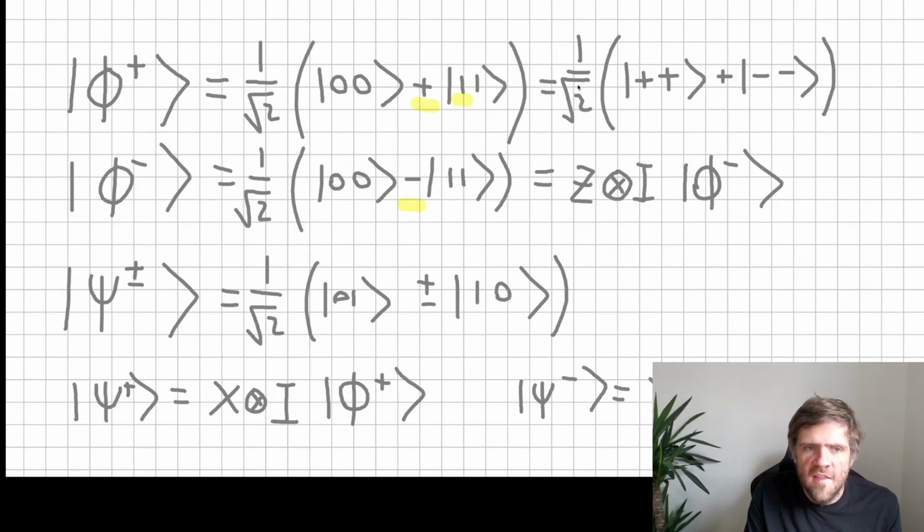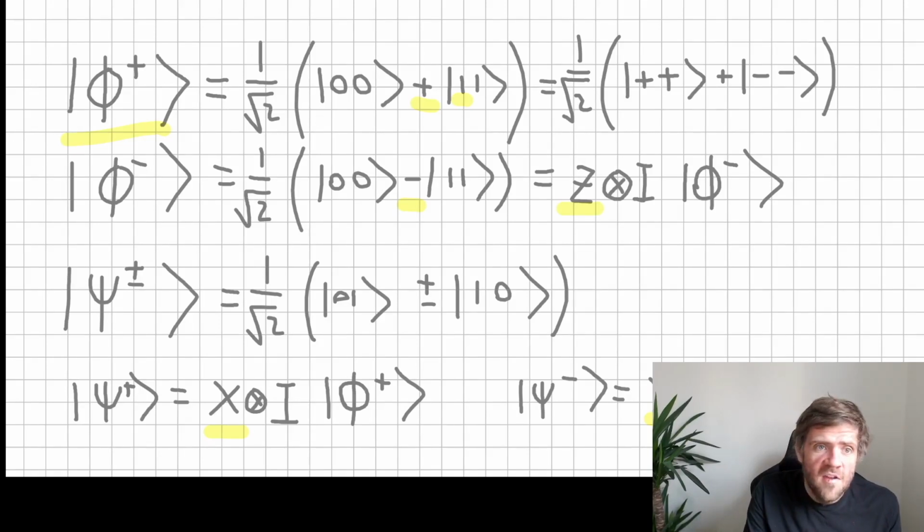So here we see that if we have made a phi plus state, then by applying a Z or an X or a Y, or in this case nothing, we can rotate it to any of these four orthogonal maximally entangled states that we call the Bell basis.